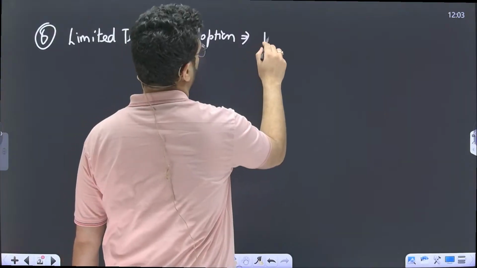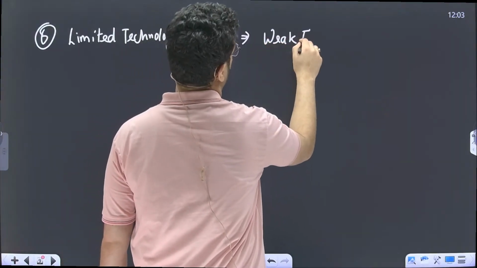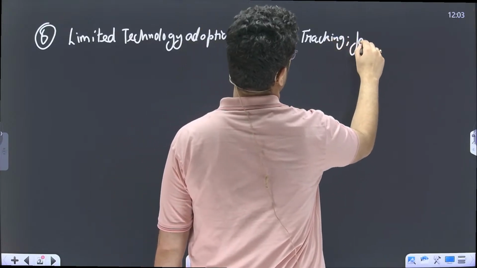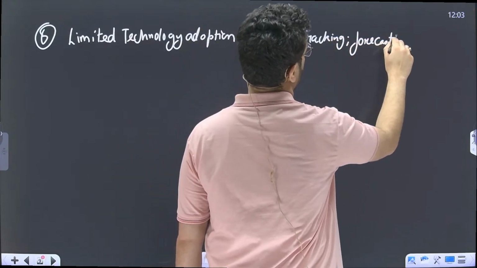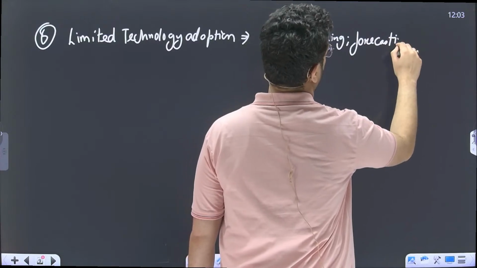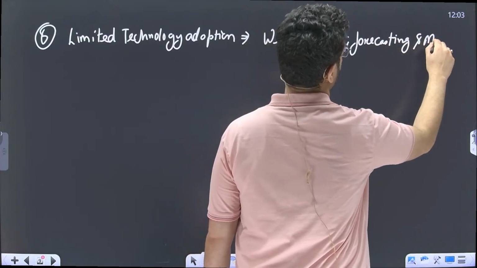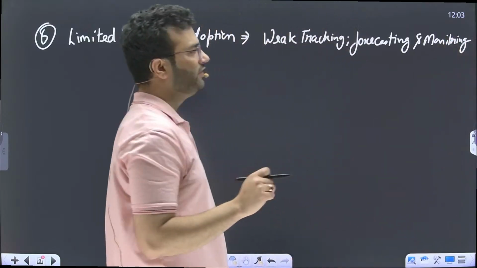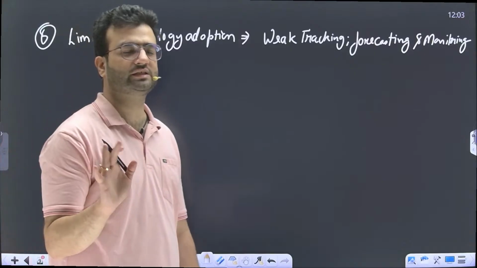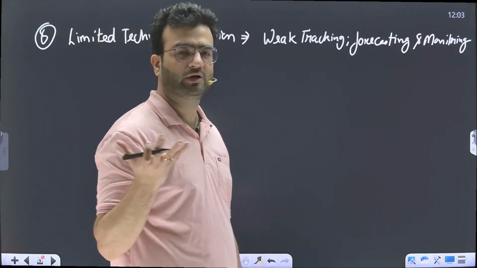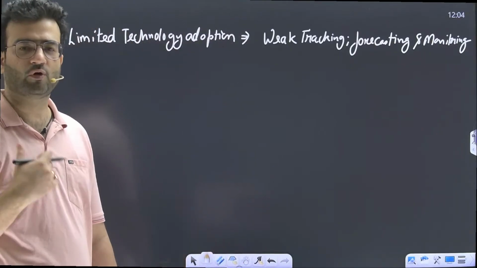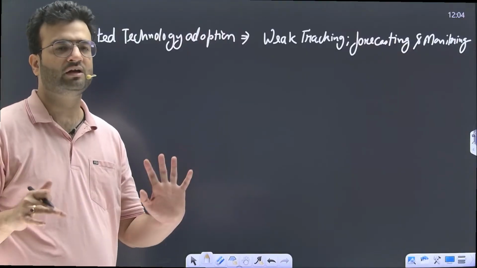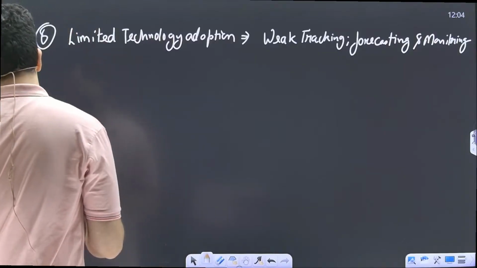Weak tracking, forecasting, and monitoring. There is no proper forecasting, and tracking issues. You are not able to track where the product is. Forecasting regarding the prices, forecasting regarding the weather situation, tracking. All these are limited technology adoption.